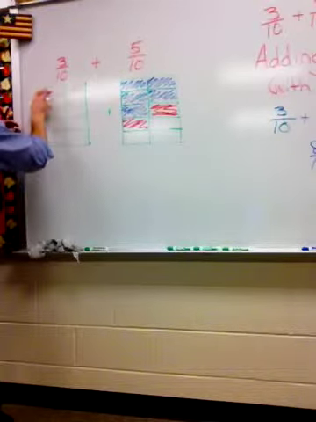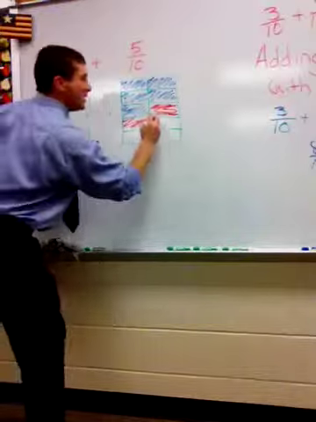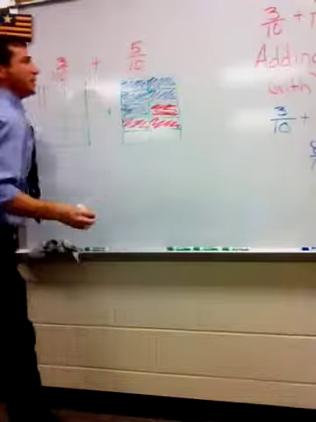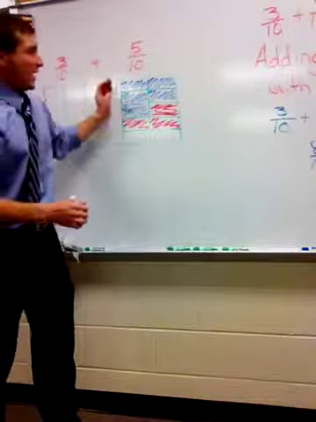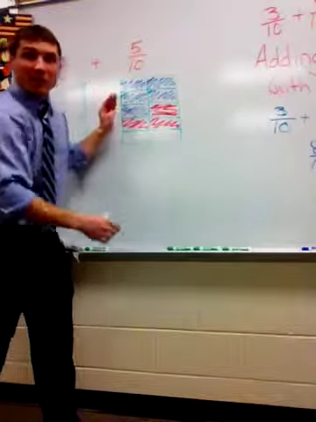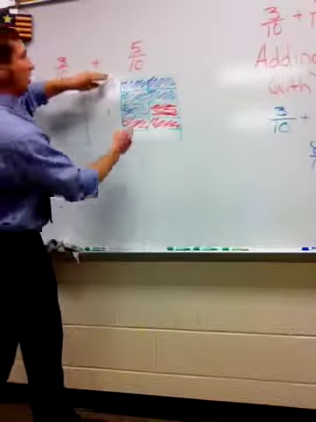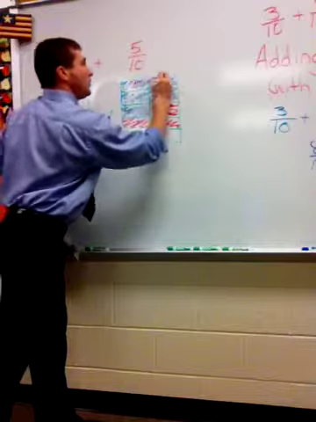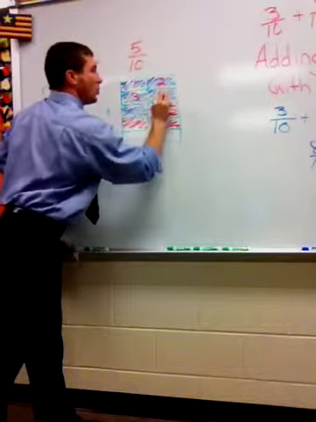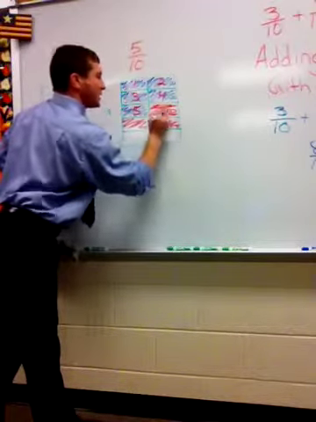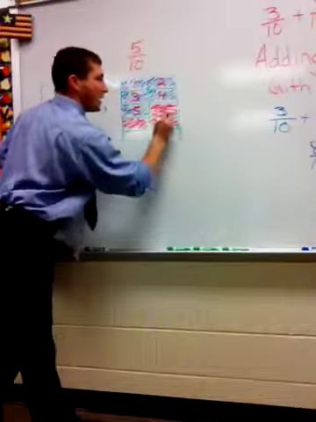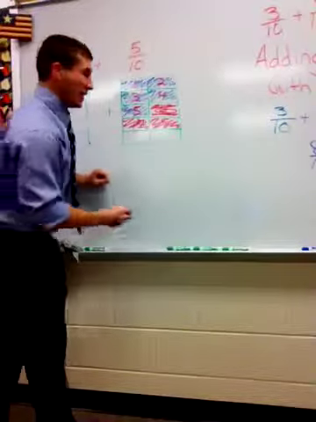And I'm taking the third one, erasing it, and placing it right here. Now, after we combined them into one pan, you can see that I now have 1, 2, 3, 4, 5, 6, 7, 8 pieces out of 10.